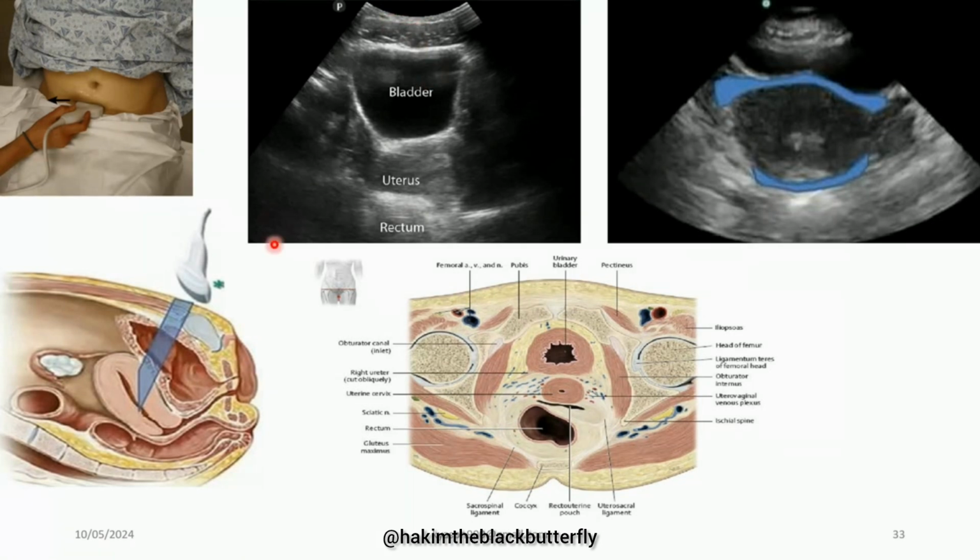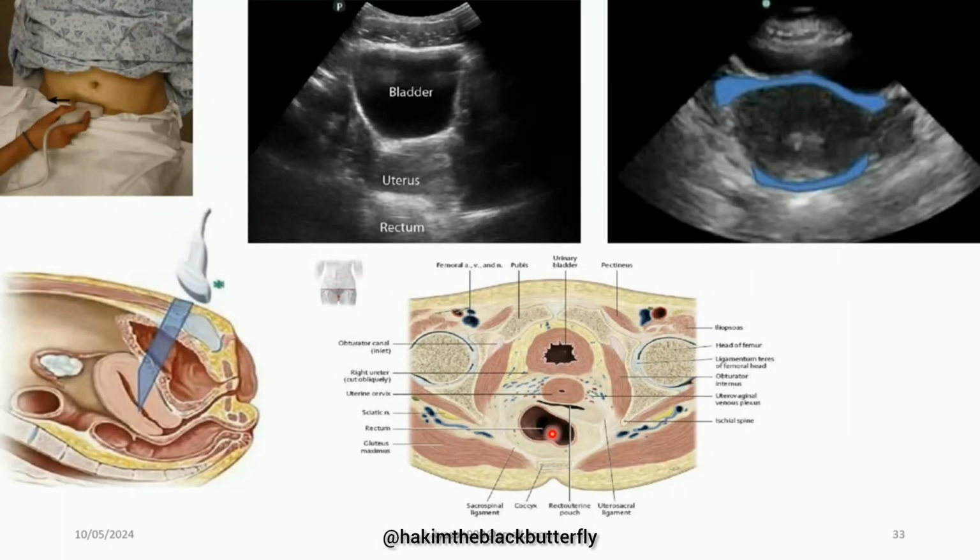And you can see it here also. Then we have the urinary bladder. Behind that we have the uterus. Behind that it should be the rectum. Same order. Anteriorly we shall have the urinary bladder, posteriorly the uterus, posterior to that we have the rectum.